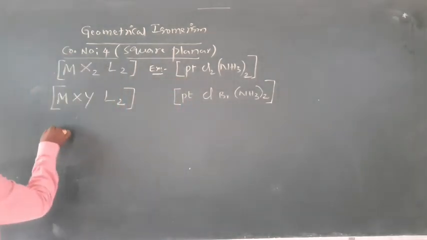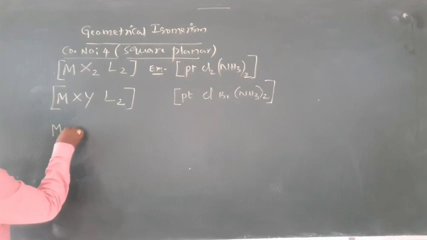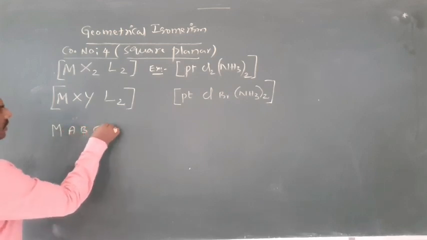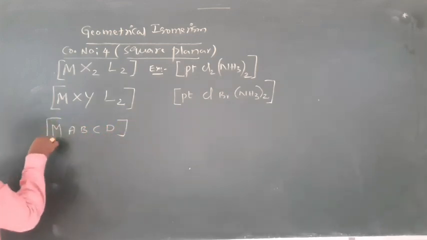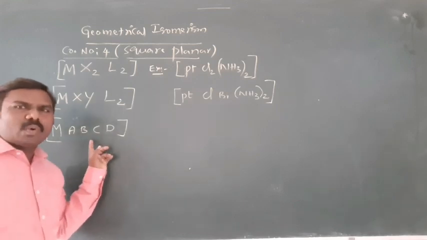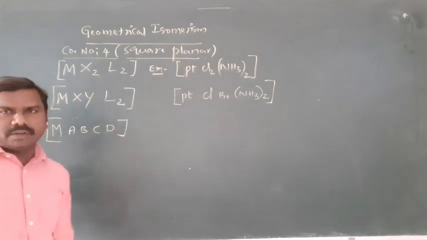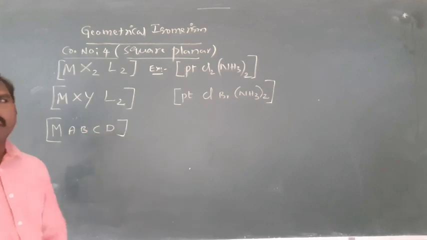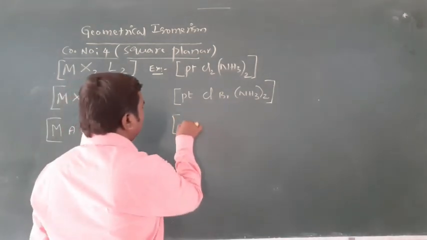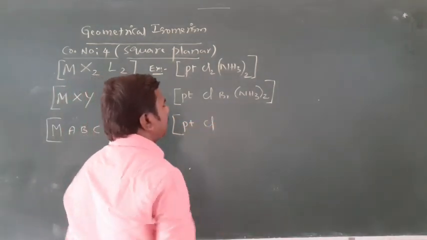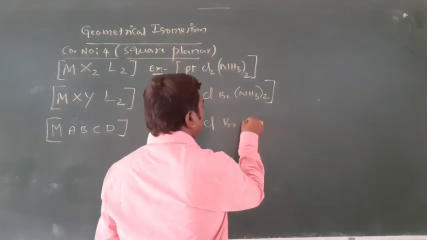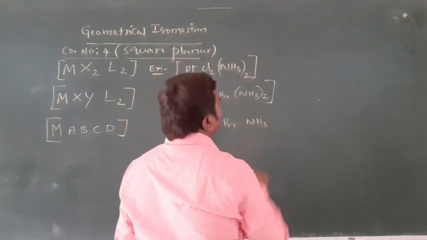Next, M A B C D. You can take it as X, Y, Z, W, whatever. A, B, C, D, all are different. Palladium, Cl, Br, NH3.